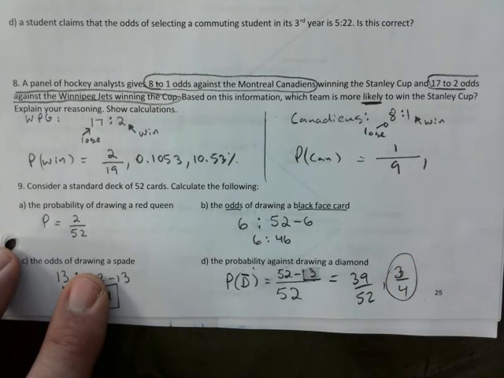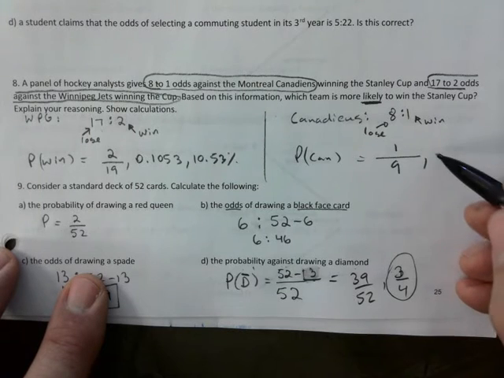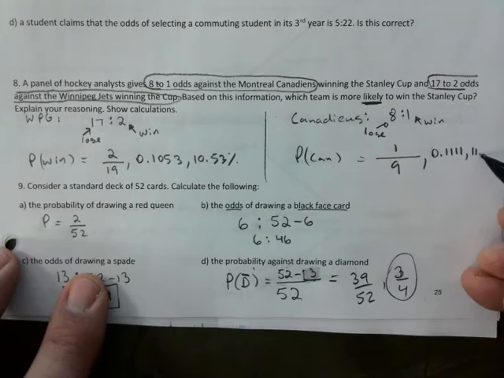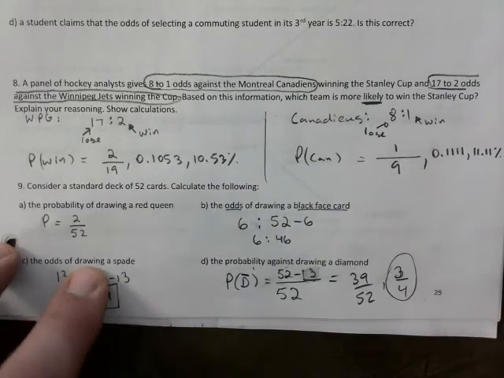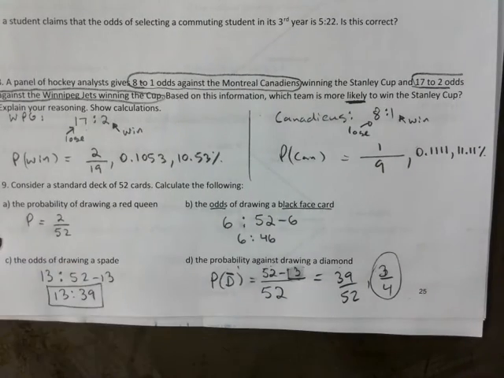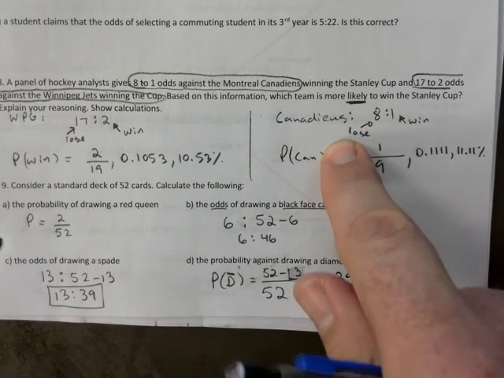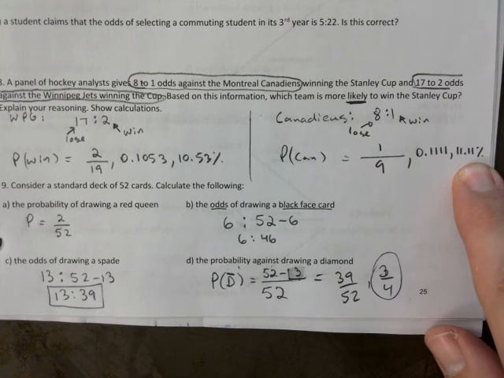What's 1 divided by 9? 0.1111, which is 11.11%. Between the two of them, which team has a better chance of winning? Canadiens, slightly, because it has a higher percentage. So we're just comparing the teams, okay?